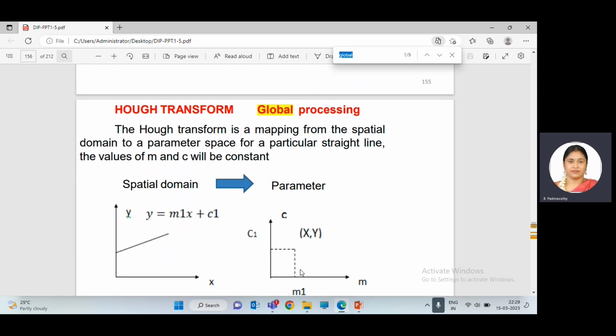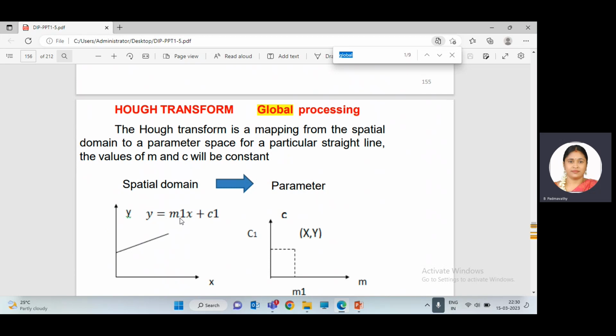Hough is an author who proposed an approach called the Hough transform. Initially he considered a point x1 comma y1 on a straight line where y is equal to mx plus c. Here c is the intercept and m is the slope, which satisfies y is equal to ax plus b for varying values of a and b.